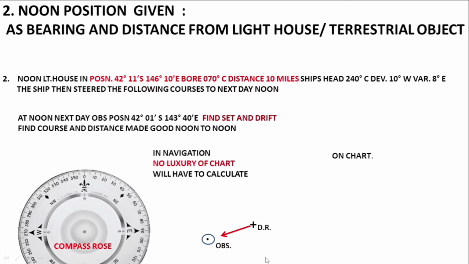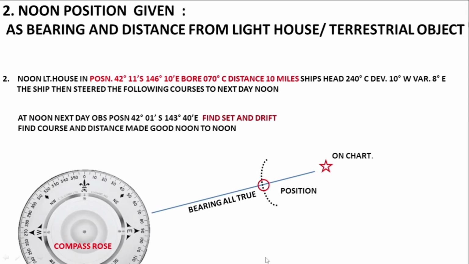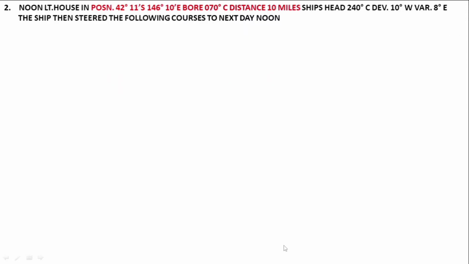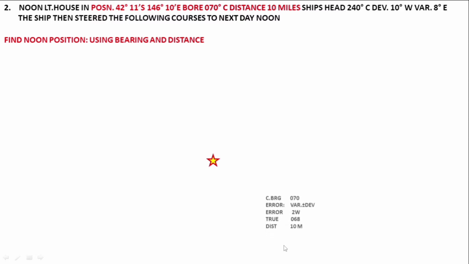But in navigation, we don't have the luxury of the chart, so everything has to be calculated. We have to calculate our position once the position of the lighthouse and the bearing and distance have been given. Now, this is the lighthouse. I have converted the compass bearing into true bearing.